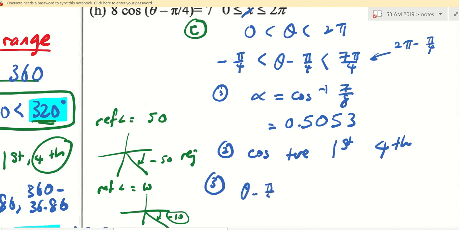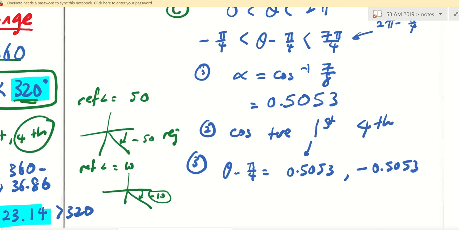Now what's the last step? Who is confused? By right, you should convert into 2 pi minus 0.5053. Kunj, what's the answer? Can you give me the decimal number?